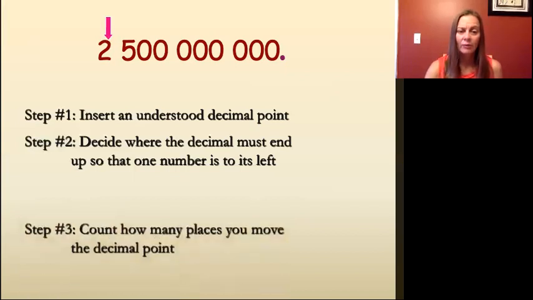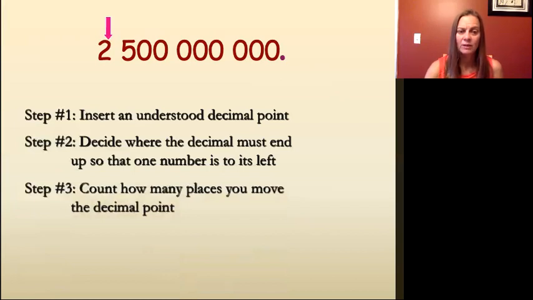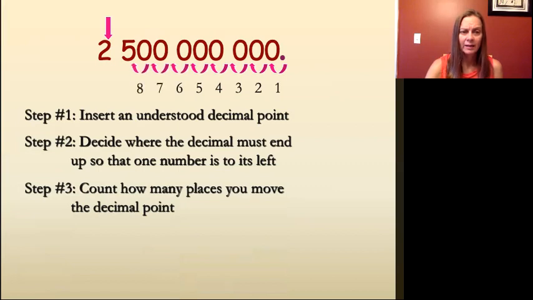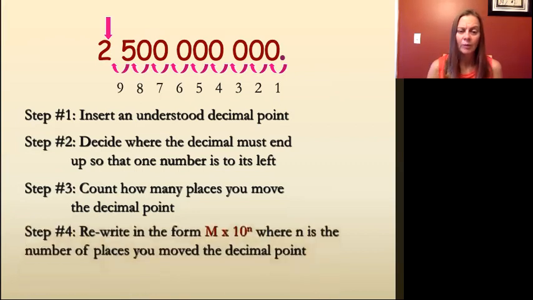Now I'm going to count how many places I have to move the decimal point: 1, 2, 3, 4, 5, 6, 7, 8, 9. I'm going to rewrite this number in the form m times 10 to the n, where n is the number of places I moved the decimal point, and m is the 2.5.